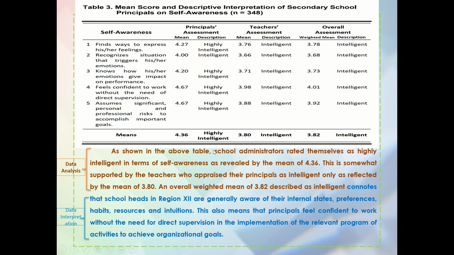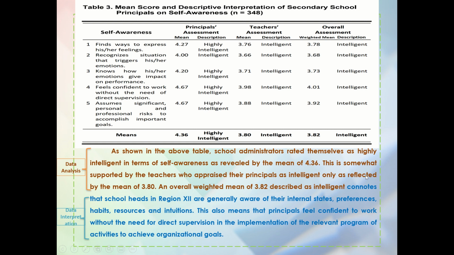As shown in the above table, ito siya. The school administrators rated themselves as highly intelligent in terms of self-awareness. Diba self-awareness naman tong variable na pinag-uusapan natin? And ang una niyang sinabi yung school administrators which are the principal. So they are the school administrator.